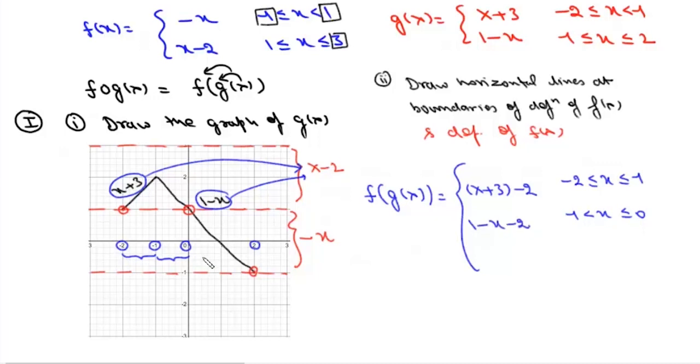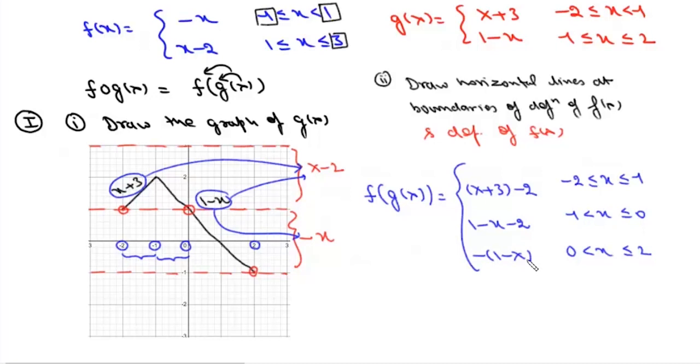And then we have the third definition when x lies between 0 and 2. In this case, the definition is 1 minus x. But here the graph lies in between these two lines, so this definition will go to minus x. So it will be minus (1 minus x).